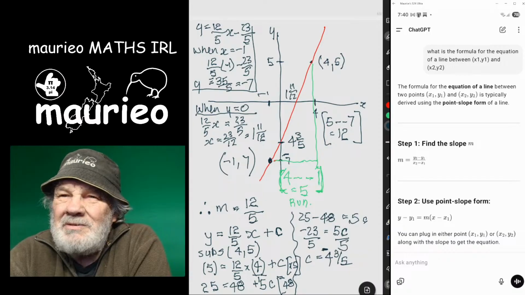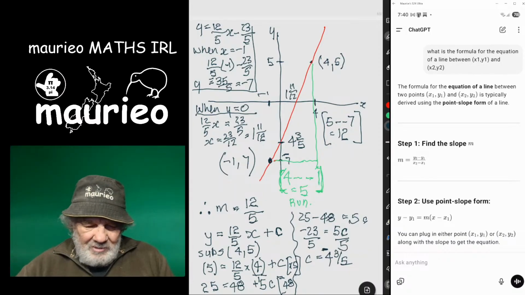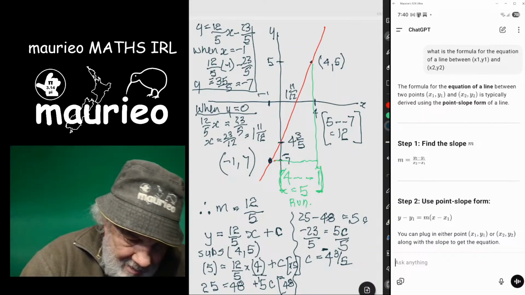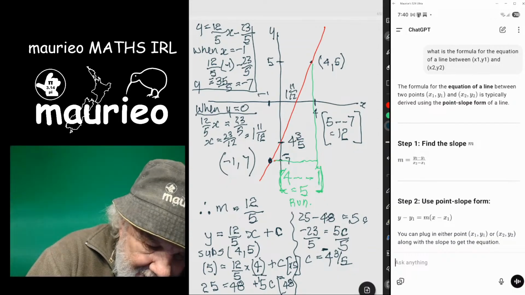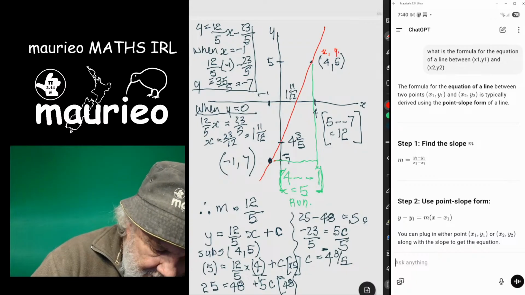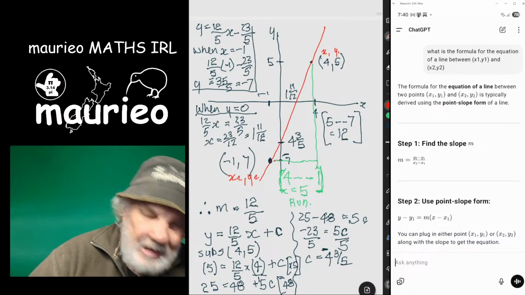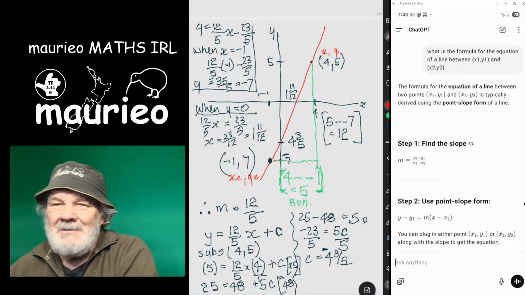So yeah, find the slope, which was y2 minus y1. If you see here, this would be x1 y1, and this here would be x2 y2, and you'll see that it's done.